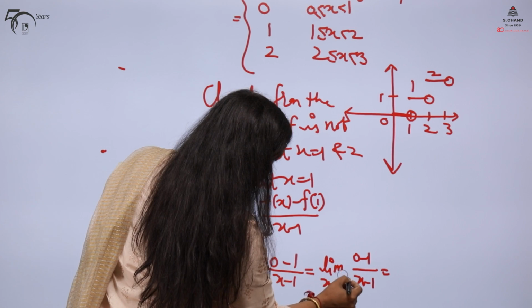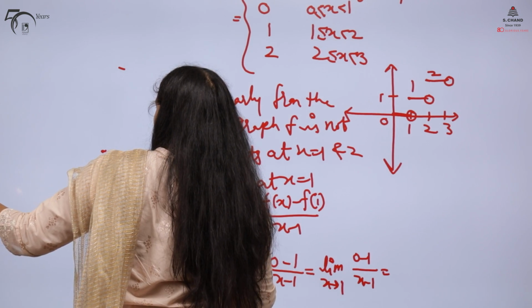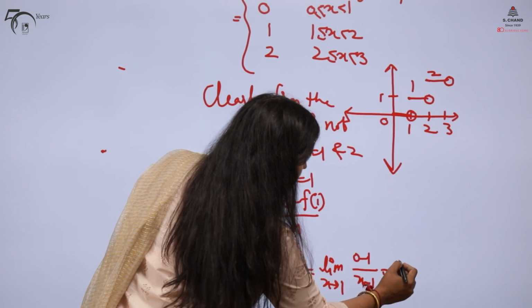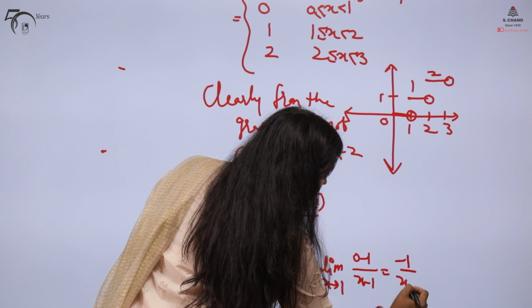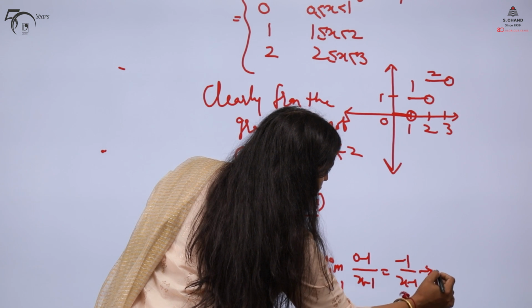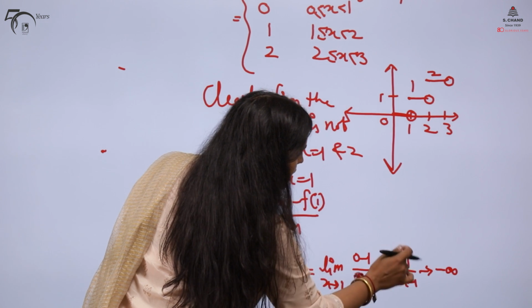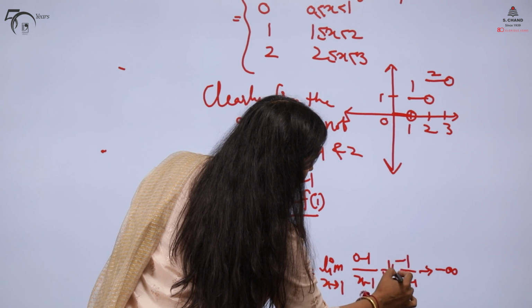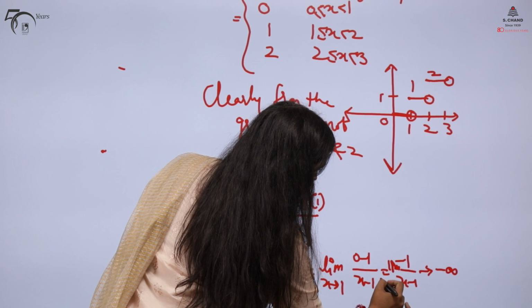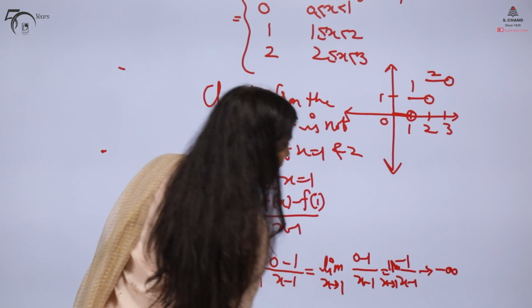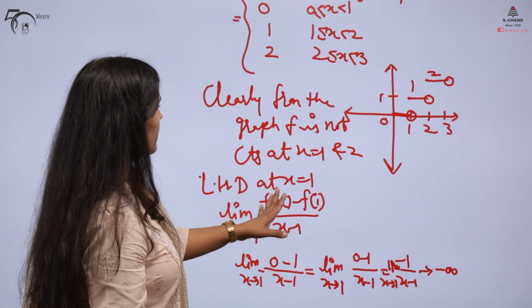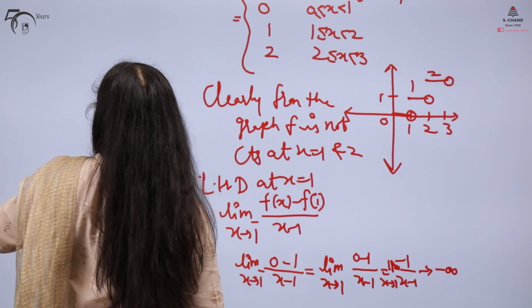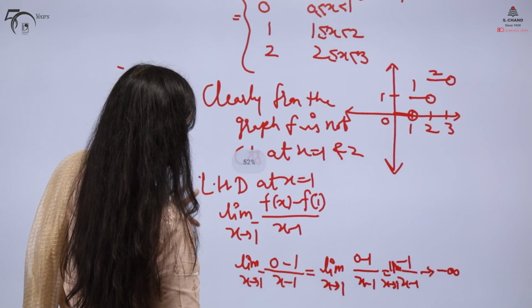No need to put a negative sign here, already you have considered the negative side. So, minus 1 upon x minus 1. So, this is basically approaching minus infinity, because minus 1 upon this is giving you minus infinity.